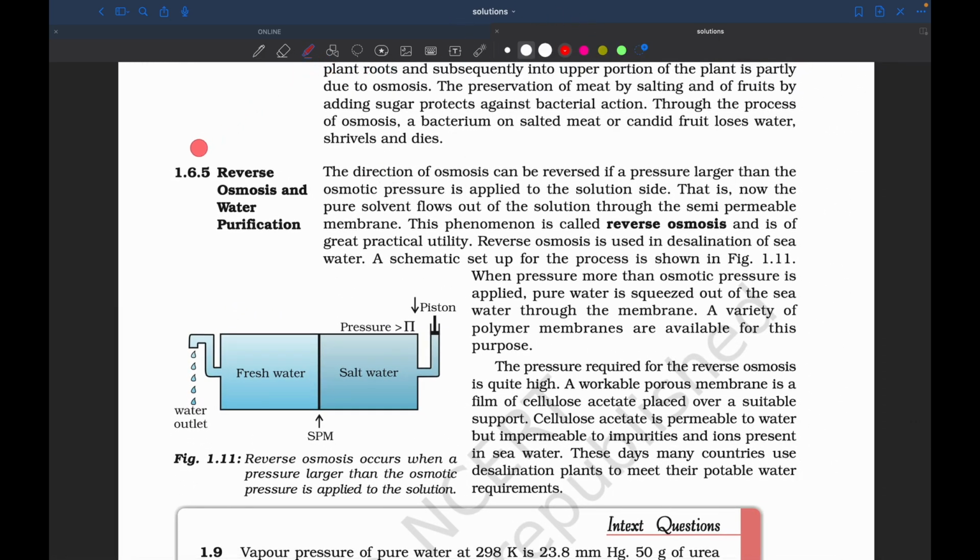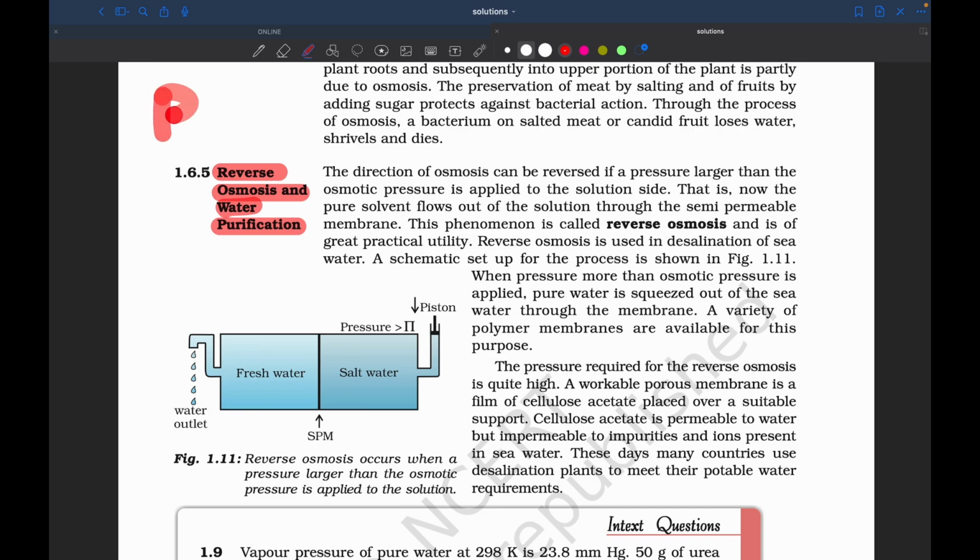Reverse osmosis: the osmosis process is reversed when force is applied opposite to the flow of solvent. Right? So this is the method by which we generally purify salt water or sea water.